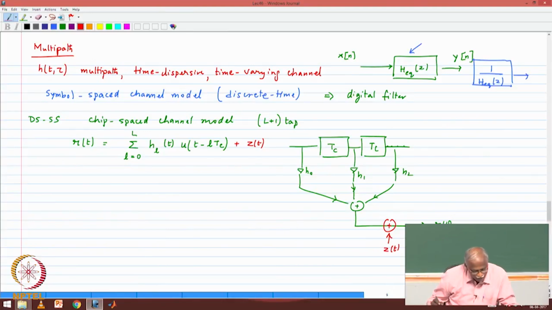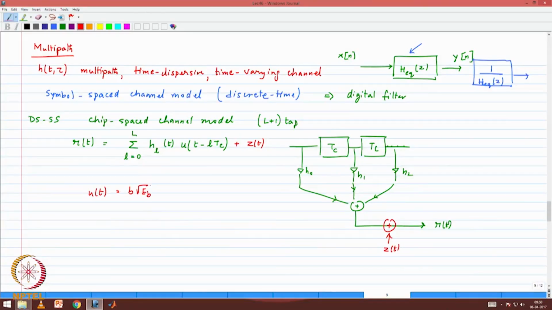So the expression for u of t is b times root Eb times g of t, the pulse shape, and g of t is the spread sequence, summation q equal to 0 through Q minus 1, c of q, the chip waveform gc of t minus qTc. Okay, please note these are the expressions.